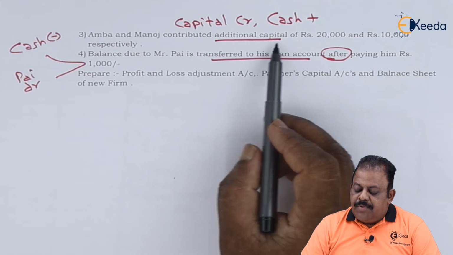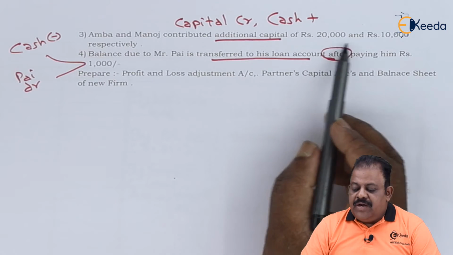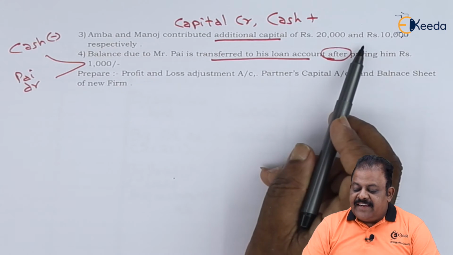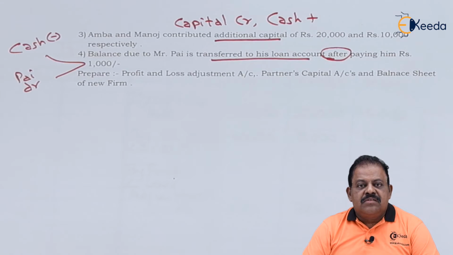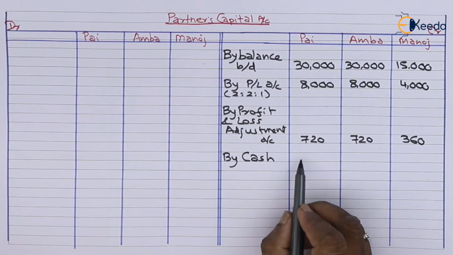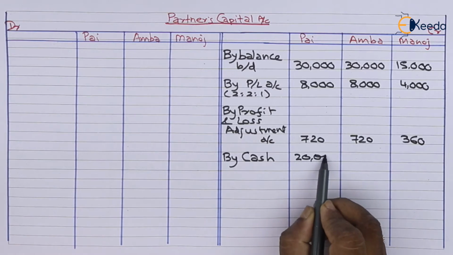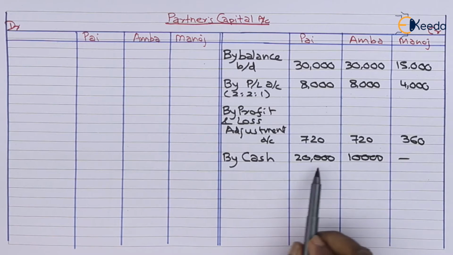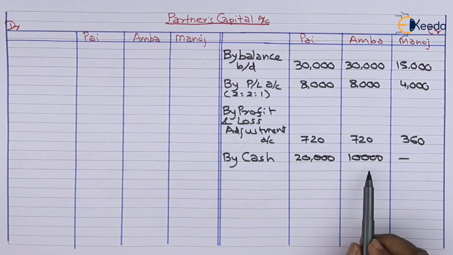Amba and Manoj contributed additional capital of 20,000 and 10,000 respectively. This will be credited to their capital accounts and it will be added to cash balance in balance sheet. Capital account credit by cash, Amba 20,000, Manoj 10,000.